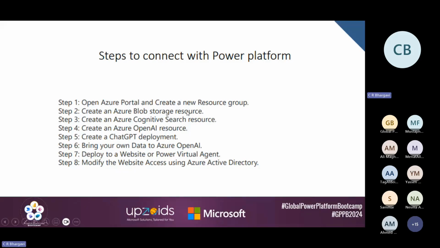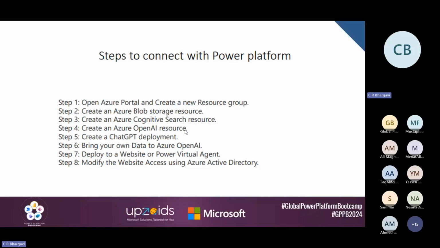This blob storage will contain the organizational data being stored in it, right? So this Cognitive Search will help in finding the data in the Azure Blob Storage and then retrieve it to the Azure OpenAI resource. For which we would then be creating the Azure OpenAI resource as well. Once this is done, we would create the deployment of the model inside the Azure OpenAI Studio.